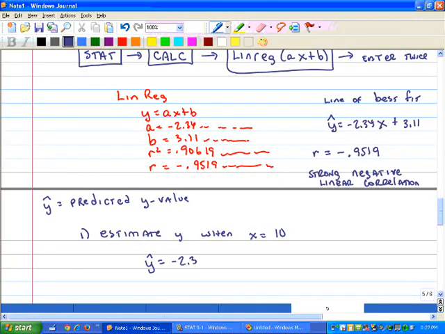It's negative 2.34 times, plug in the 10, the given value of x, plus 3.11. And we'll see that y hat is negative 20.29. So the estimated value of y when x is 10 is negative 20.29.